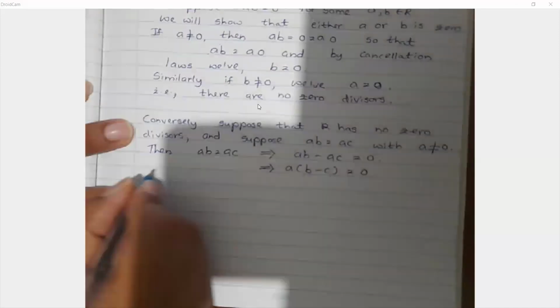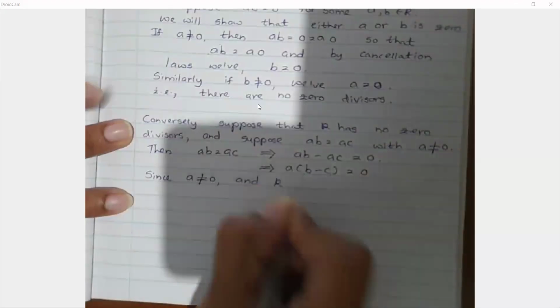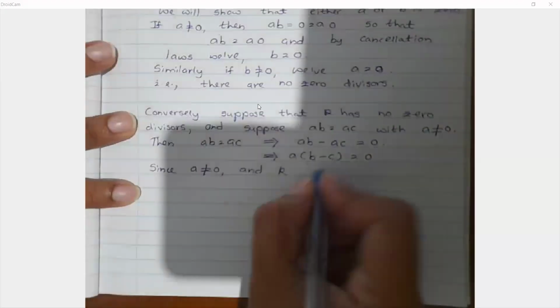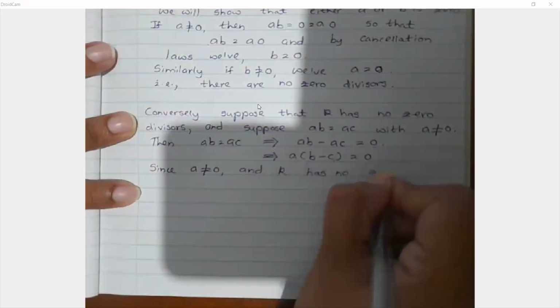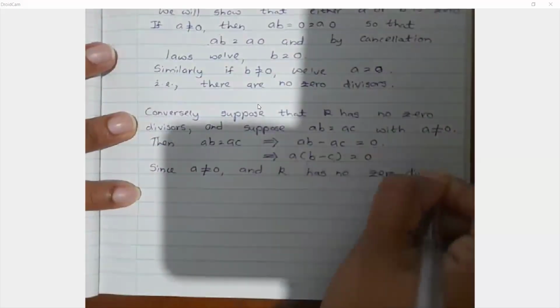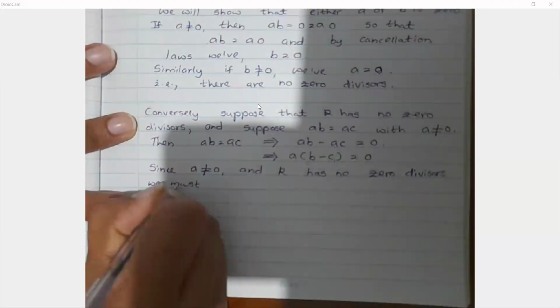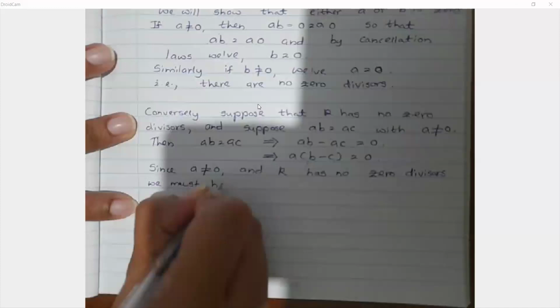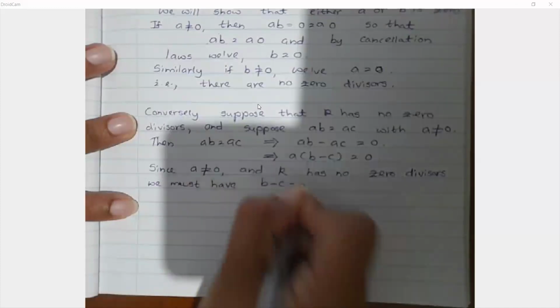So we write, since A is not equal to 0 and R has no zero divisors, we must have B minus C equal to 0.